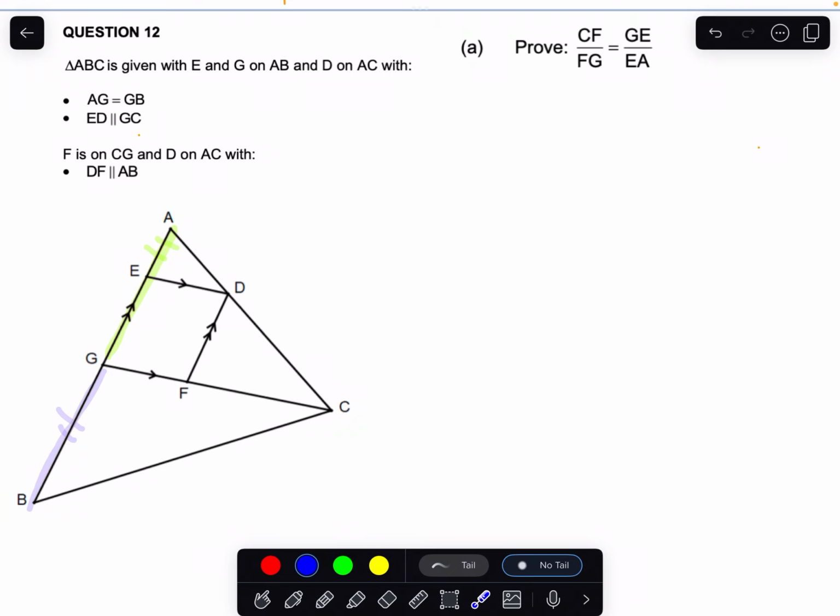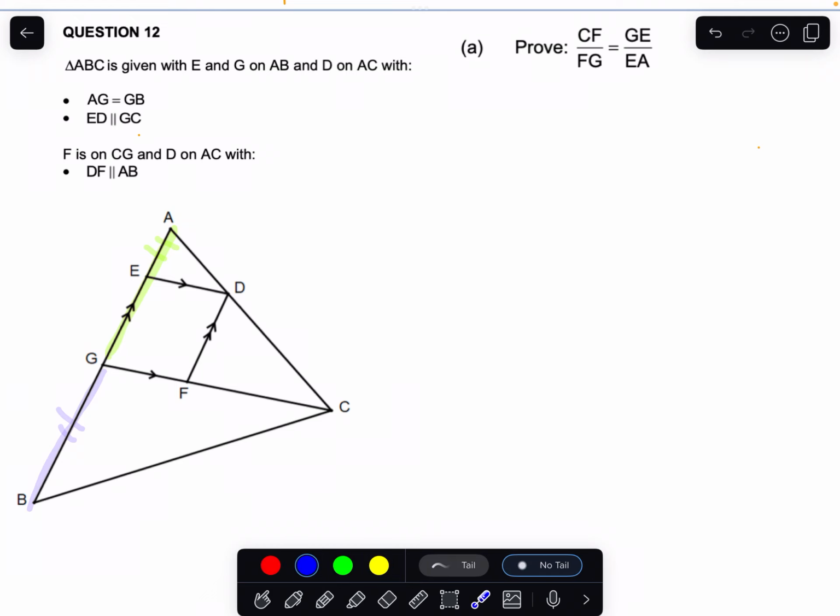Right, so let me use the same order as in the question.